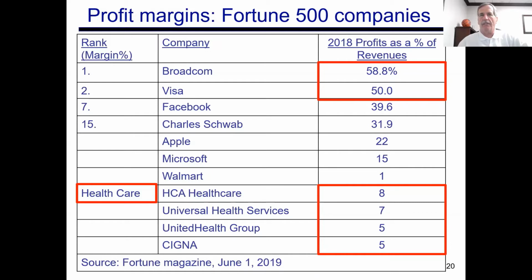Visa credit card, a 50% margin in their 2018 fiscal year. Facebook the same. Facebook has some challenges of late. But then you look at Walmart, and it was surprising to me that they had a 1% margin. But when you look at the revenue base, it's still an enormous amount of cash flow.